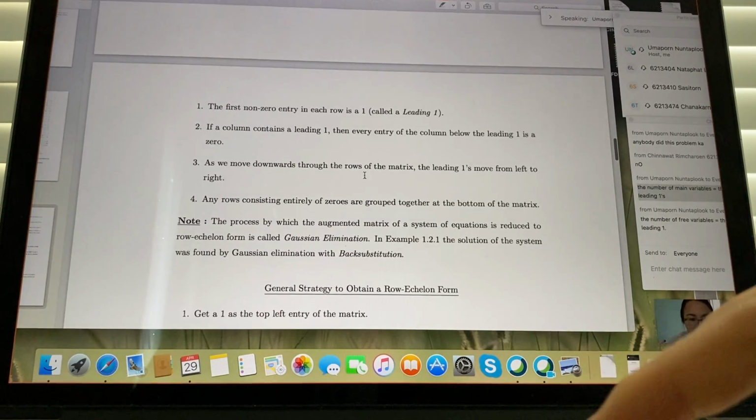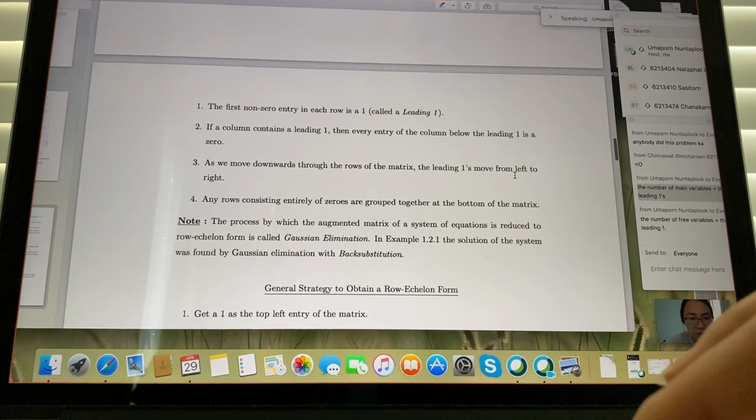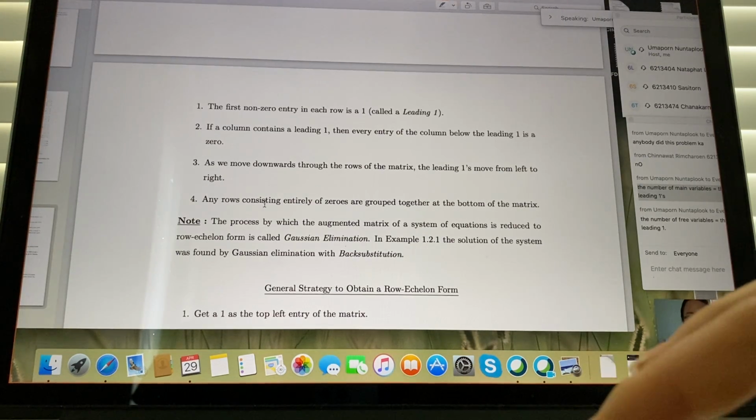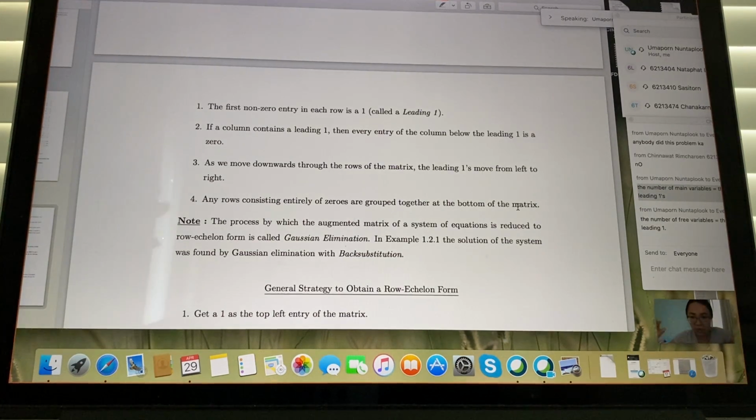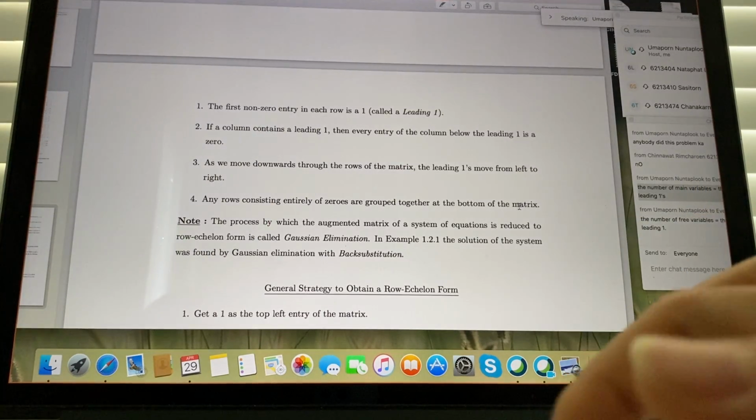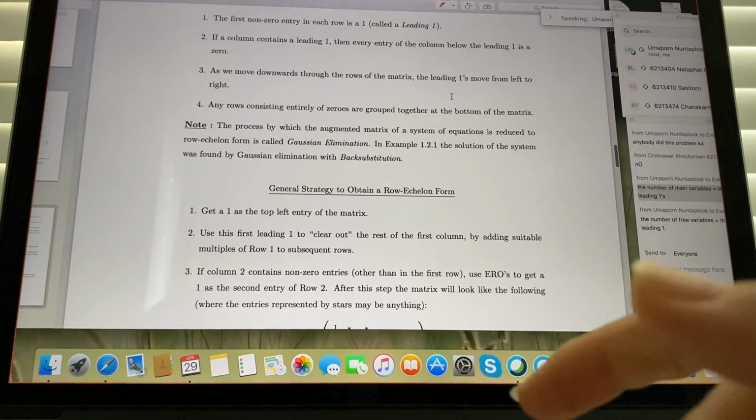So the leading one keeps moving to the right. This is the meaning of moving from left to right. Any rows consisting entirely of zeros are grouped together at the bottom of the matrix. If a whole row consists of only zeros, move that row down to the bottom. That's the meaning.